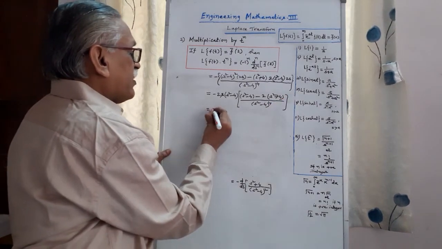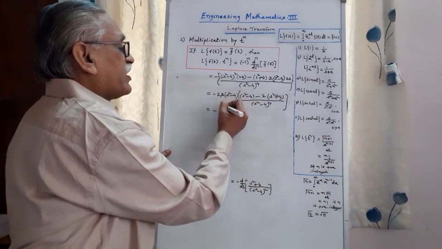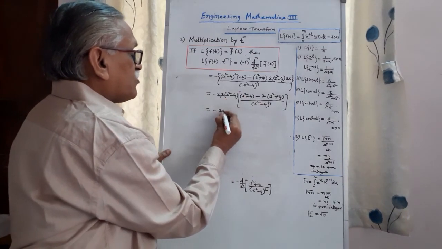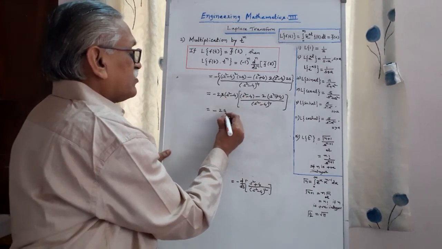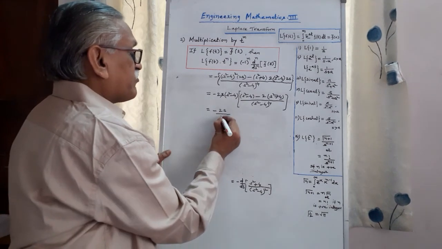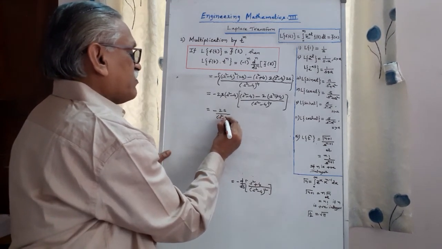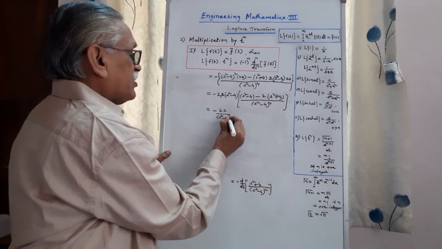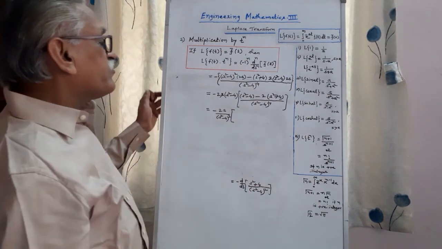And if you simplify it, minus 1 gets cancelled, therefore 2s divided by s square minus 4 raised to 3 multiplied by.